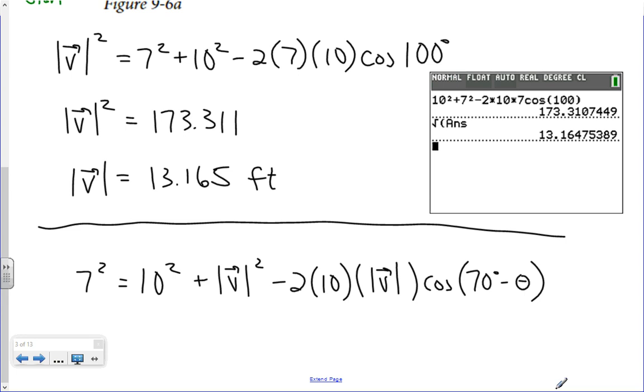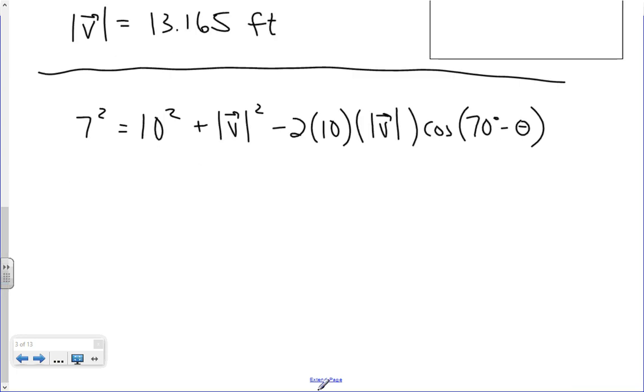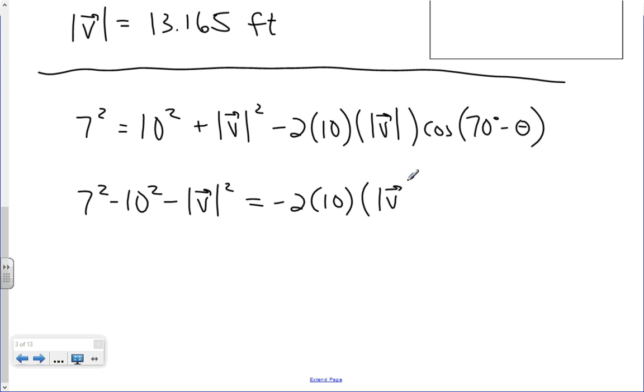All right, well, we've done this many times now with law of cosines. You have to subtract off the 10 squared and the magnitude of vector v squared. So 7 squared minus 10 squared minus the magnitude of vector v squared is equal to the rest of this: 2 times 10 times the magnitude of vector v times the cosine of 70 minus theta. And now divide by that negative 2 times 10.